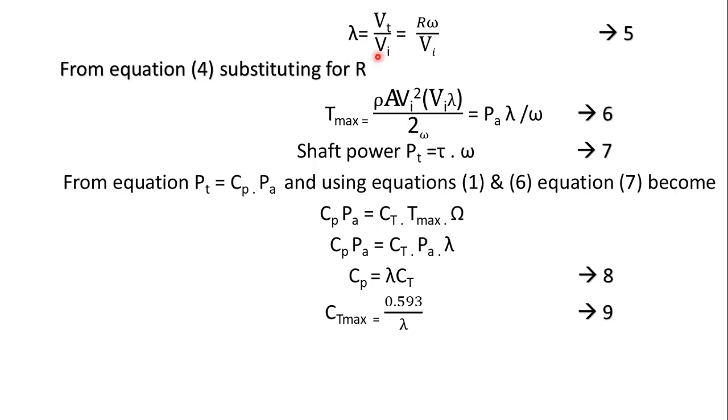So lambda is equal to Vt by Vi. Vt can be written as R into omega, where R is the outer blade radius and omega is the rotational frequency, that is, radius into rotational frequency.